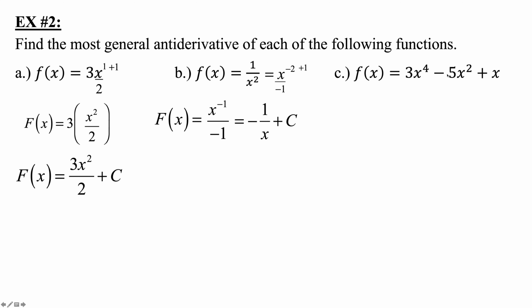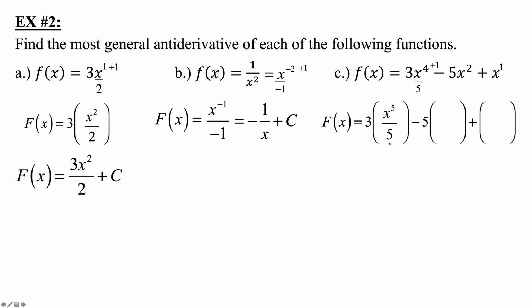For c, we should do each term separately, just like we did the 3x to the first over here. Put a 1 on your x, you unpower it there, so you get the pattern. So the 3, the minus 5, and the plus, in parentheses, you're just looking at the x. So let's add 1 to the 4, divided by 5, x to the 5th over 5. Add 1 to the 2, divided by 3, x to the 3rd over 3.